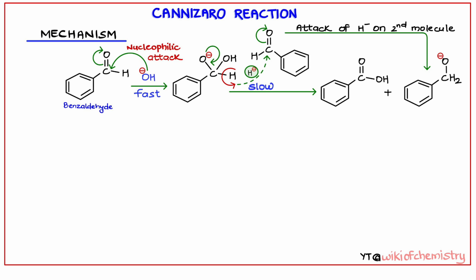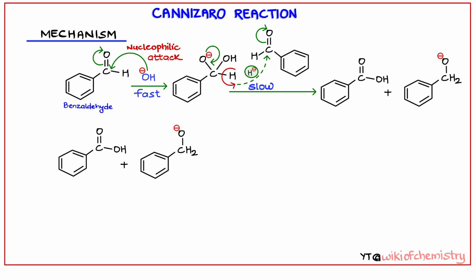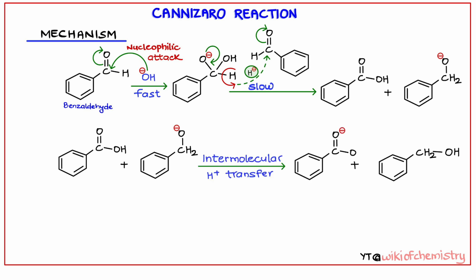Now, between these two species, intermolecular proton transfer is favorable, and after this transfer of proton, we get our final product of this mechanism as carboxylate anion and benzyl alcohol. At this moment, let us try to understand why this intermolecular proton transfer is favorable in this direction by using the pK values of respective species.